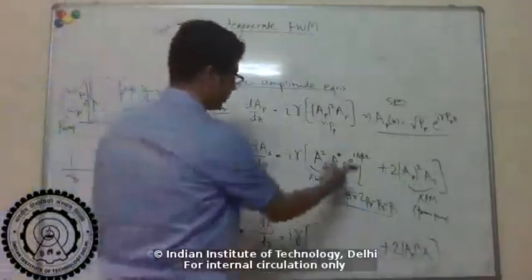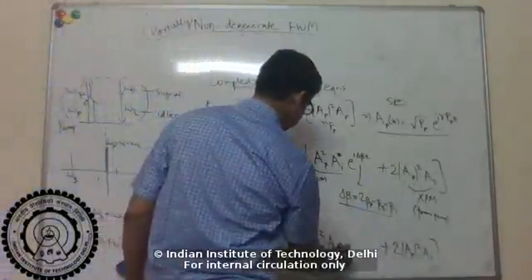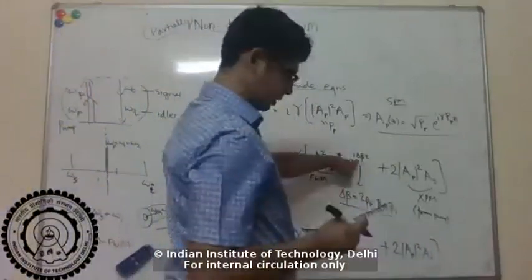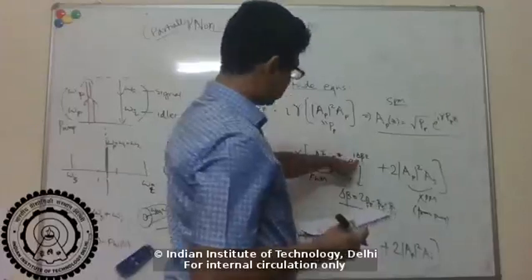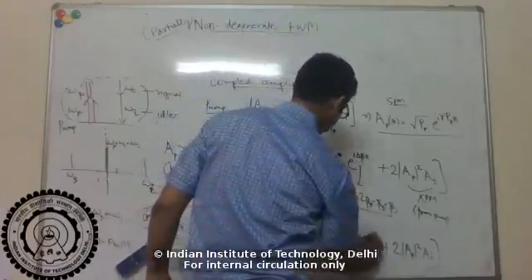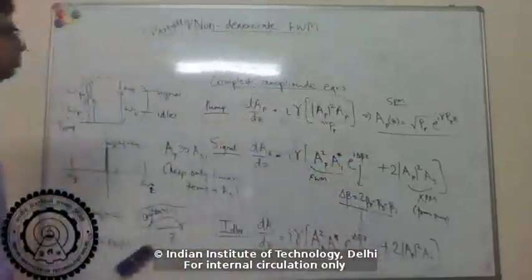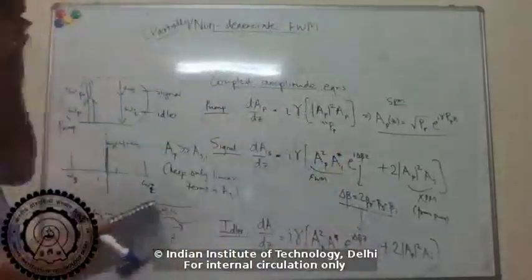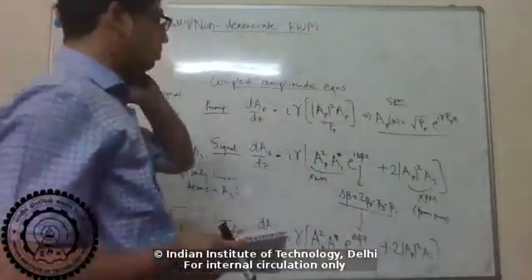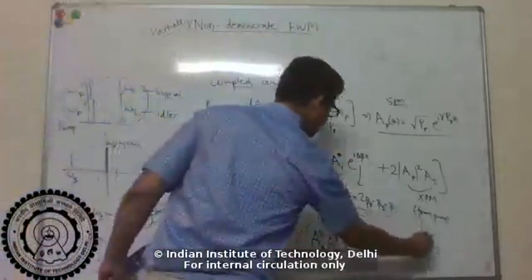So yeah, we just replace S by I, right? And this delta beta will be the same, right? It's the same delta beta. Okay. So again, this is the photon mixing term. This is the cross-phase modulation.